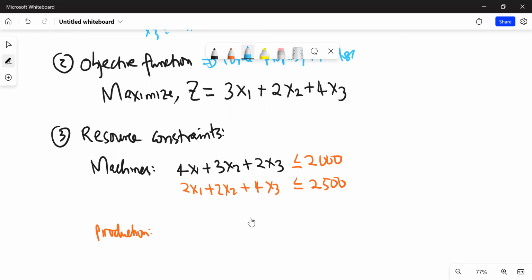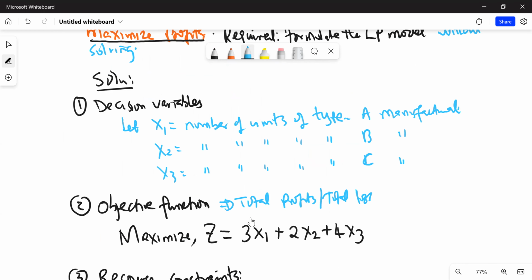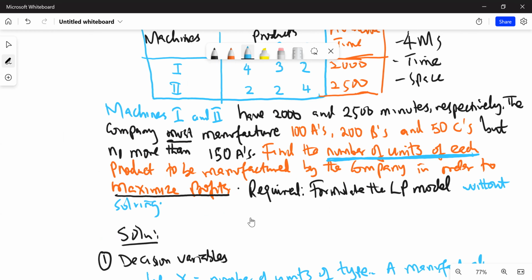So in terms of demand, we are told that the number of type A units must be at least 100. But again, we're being told here, they should not be more than 150.